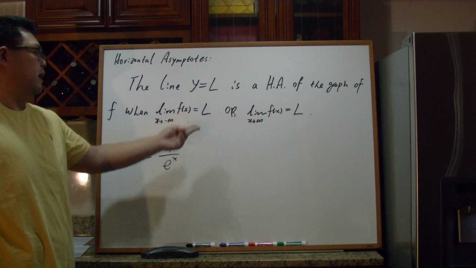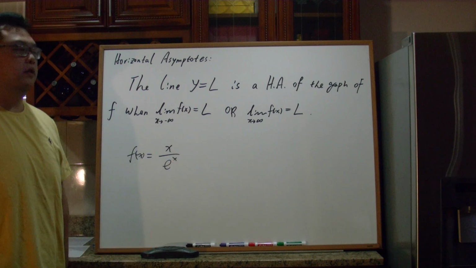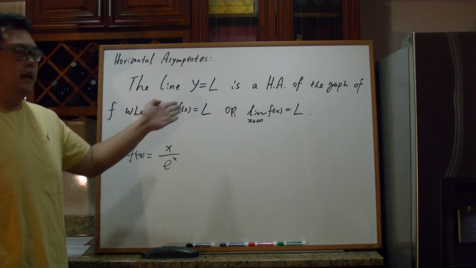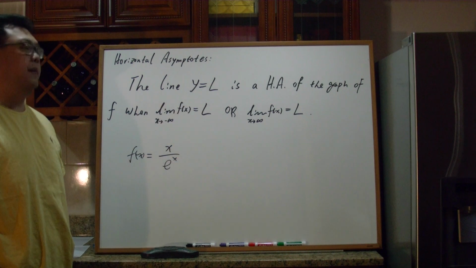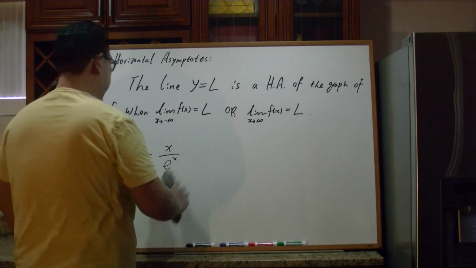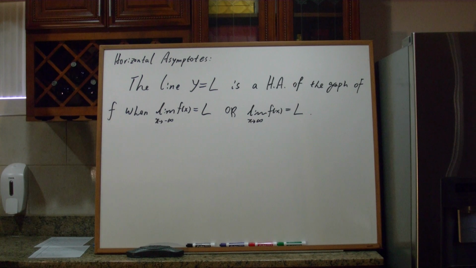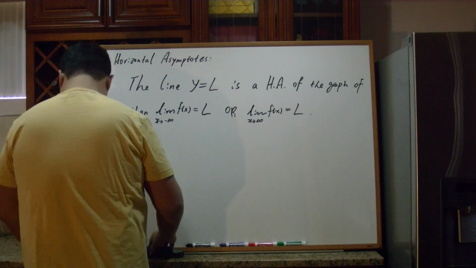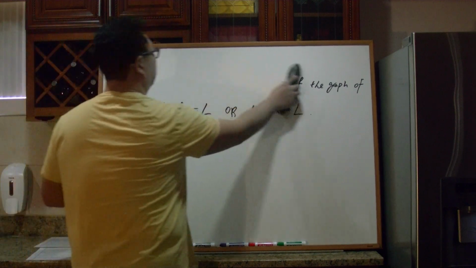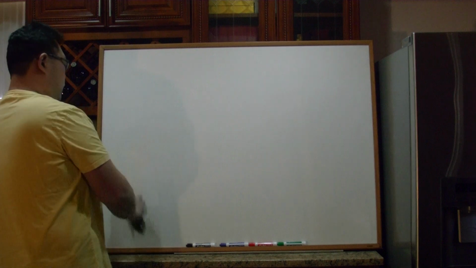If we have a certain L, then we have the horizontal asymptote, maybe at the left end or at the right end. So for questions that are not rational expressions, evaluating the limit is a very good aid to help us find out. Still, we need to learn how to find the limit at infinity.